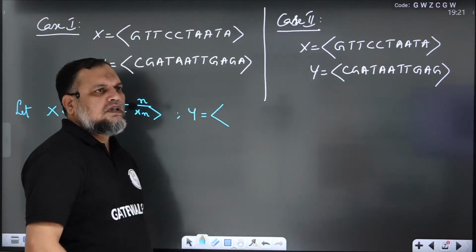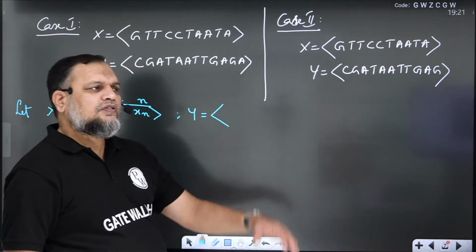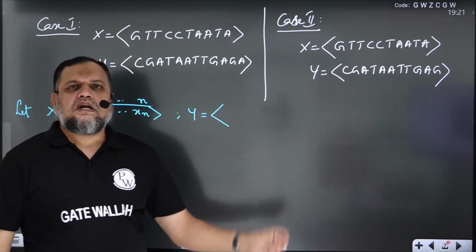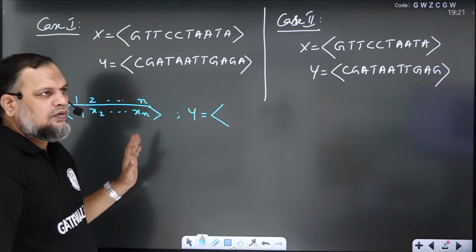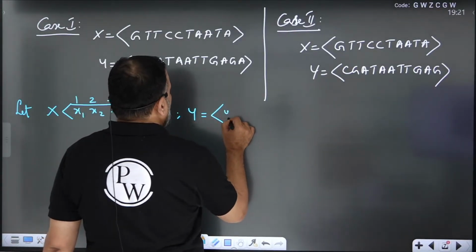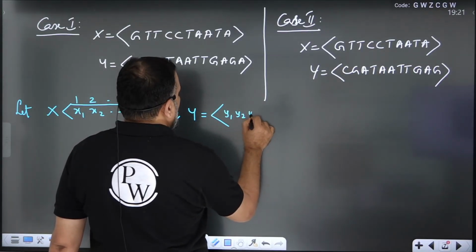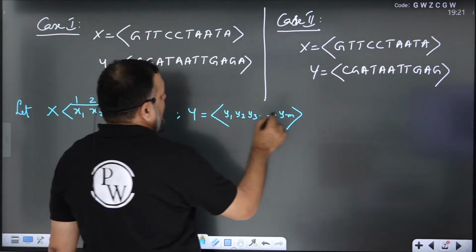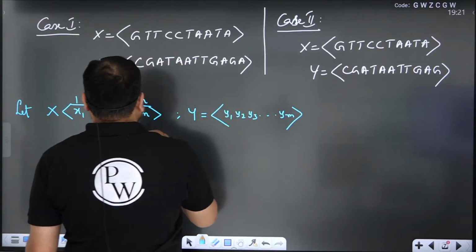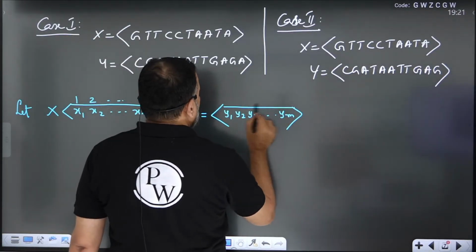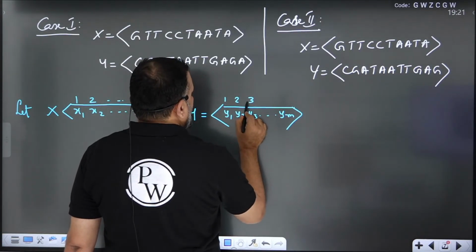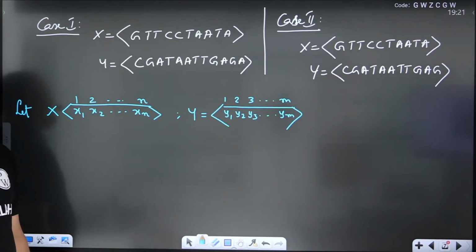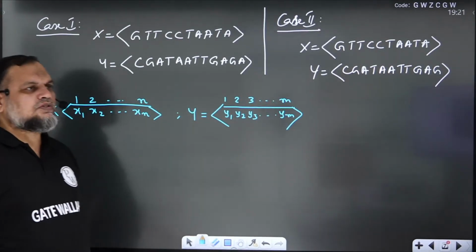Later I will show you that it satisfies both properties: overlapping subproblems, and I will also prove the optimal substructure property, don't worry. So y has characters y1, y2, y3, and so on, ym. String x has length n, string y has length m. Here we mark 1, 2, 3, and so on, up to m, starting the index from 1.